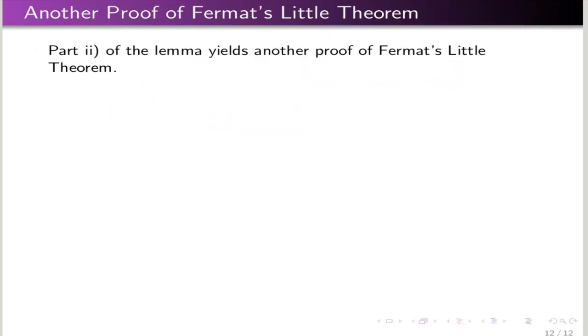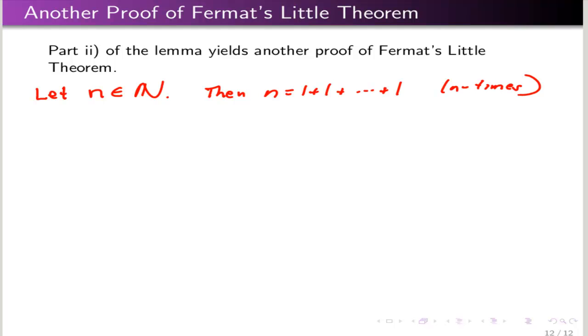So how do we get another proof of Fermat's little theorem? So let n be a natural number. Then n is just 1 plus 1 plus 1, n times. And so if I want to look at n to the pth power, that's just (1 plus 1 plus 1) to the pth power.